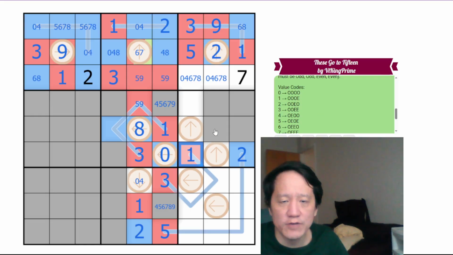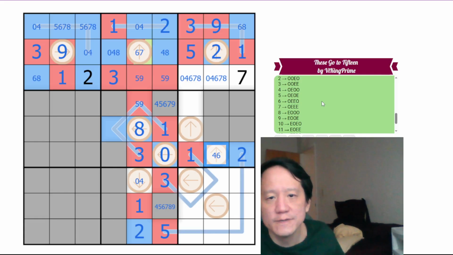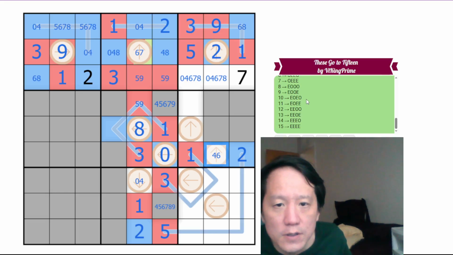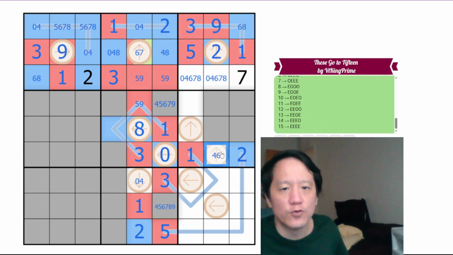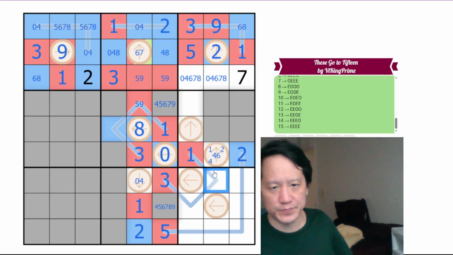So that means we have blank, even, blank, odd. So that leaves this as blank, even, blank, odd. So that's 4 or 6. Or 12 or 14. We don't know.